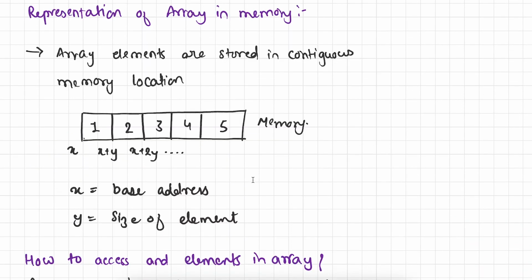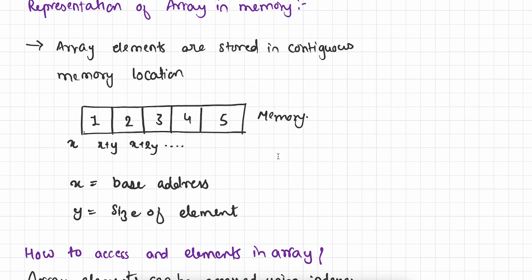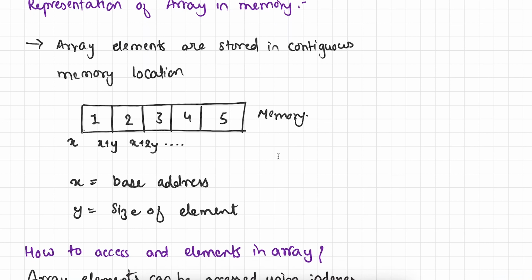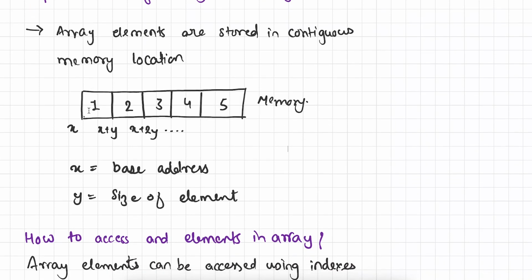But how does the machine represent arrays in memory? As we know, elements in an array are stored in contiguous memory locations. It means, let's say we have a memory and we want to store 5 elements in it. The first element gets stored at a location x, then the second element is stored at location x plus y, the third at x plus 2y, and so on.